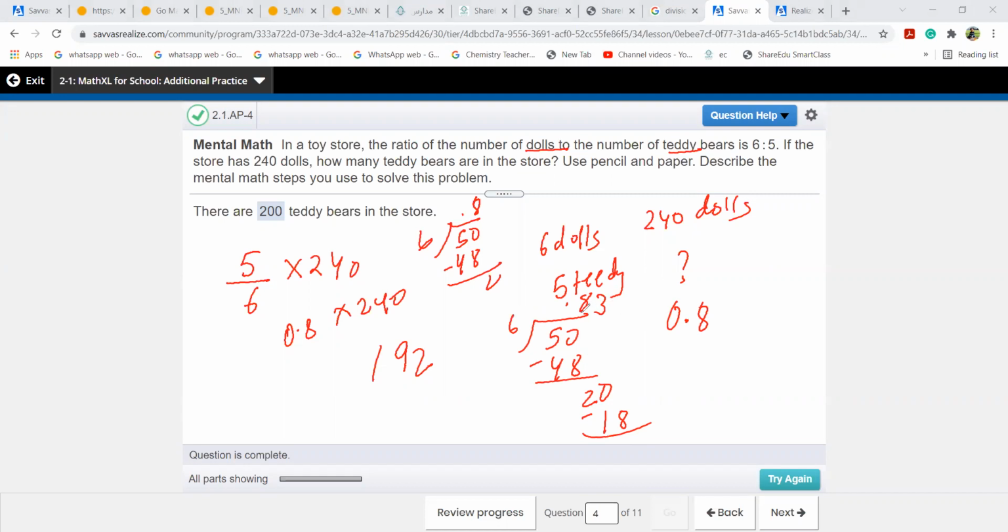No, you will not stop in one number. You have to do two. I told you 2 numbers. So you'll get 0.83. When you multiply 0.83 to 240, use calculator, please. Because they are big numbers. When you multiply, you get 200.